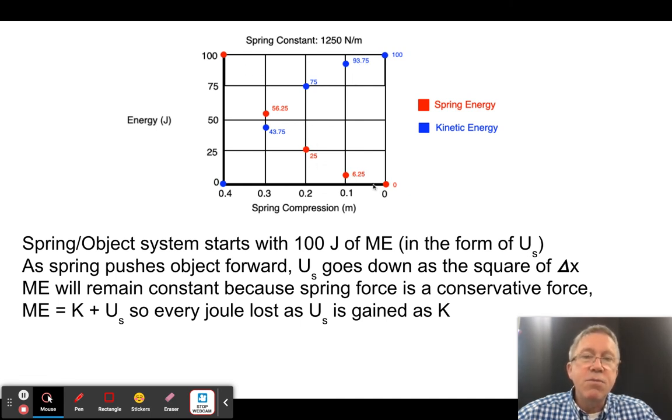And then finally, when the spring gets to 0, I've got 100 joules. So expect to see a graph like this. The trick to this is they're usually going to give you either the kinetic or the spring, and you just have to remember the other value has to add up to 100, unless there is friction or some other kind of non-conservative force taking energy out of the system or adding energy into the system.